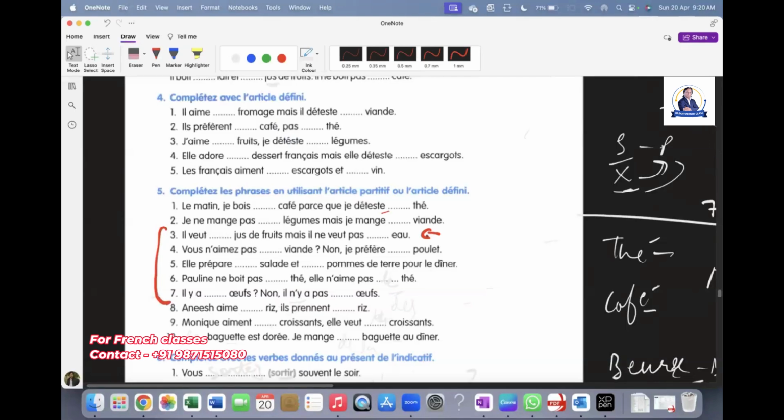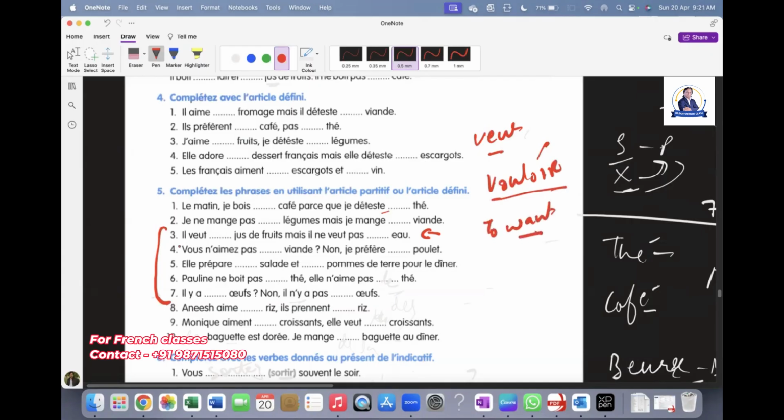Il veut du jus de fruit, il ne veut pas de l'eau. Veut is your verb, vouloir, which means to want.